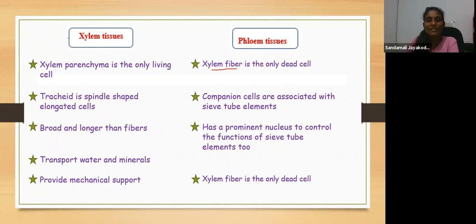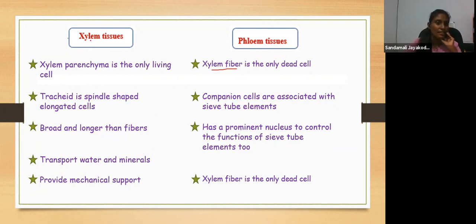In xylem tissue, the tracheid is a spindle-shaped elongated cell. And in phloem tissue, they have companion cells with them, but they are live cells and they are associated with sieve tube elements. They have a prominent nucleus to control the functions of the sieve tube element too. And tracheids are broader and longer than fibers.